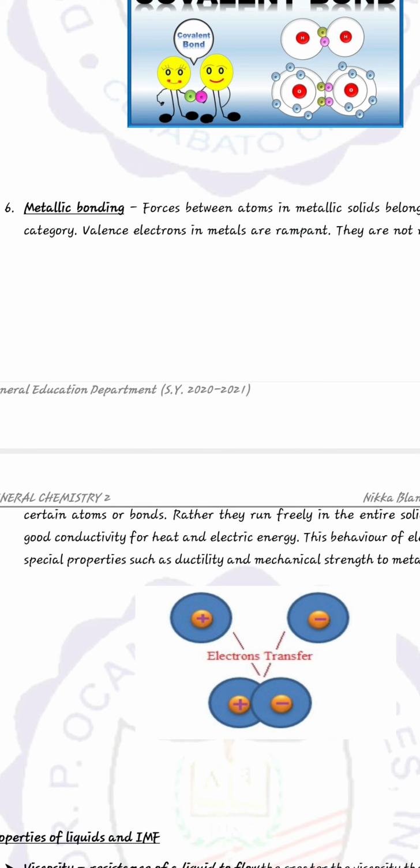Remember that all of the forces in intermolecular forces differ. Metallic bonding is the only bonding that has special properties such as ductility and mechanical strength. Why? Because those elements that use metallic bonding are the elements that are in the metals.